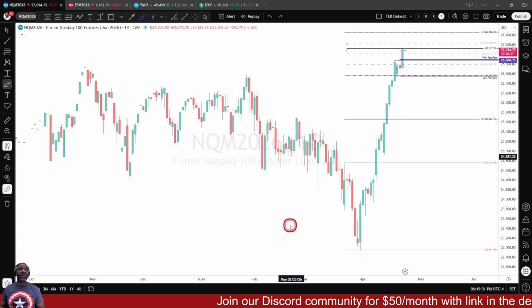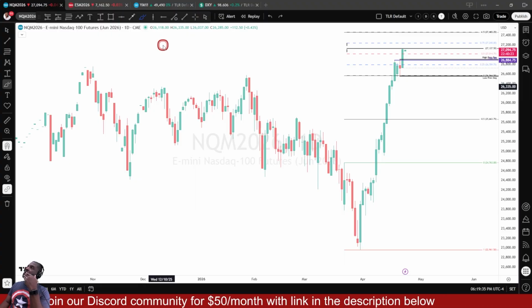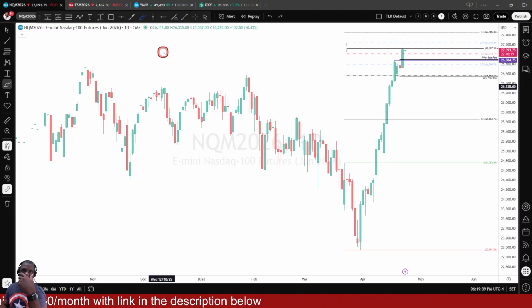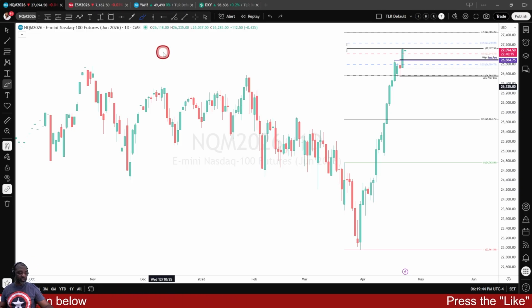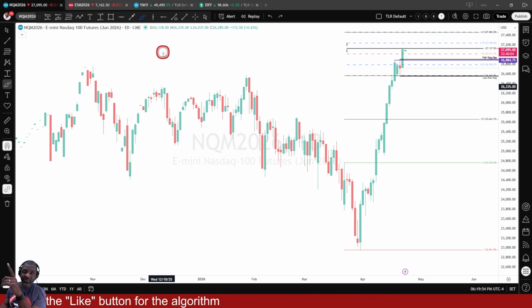We've been talking about this, okay? Now, you have a lot of people who like to try to pick the top and pick the bottom, right? Rule number one in trading, not just ICT concepts, but rule number one in trading period, is never try to pick a top in a bull market and never try to pick a bottom in a bear market.